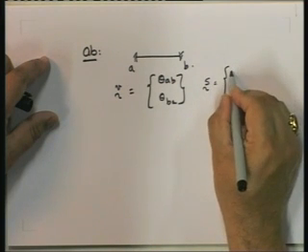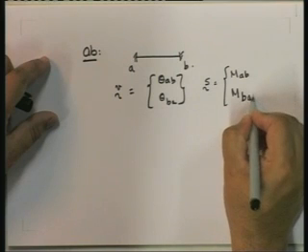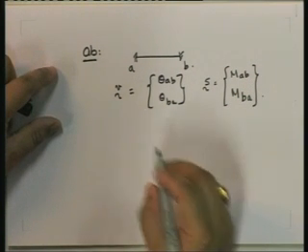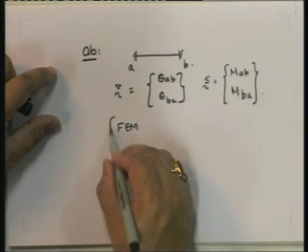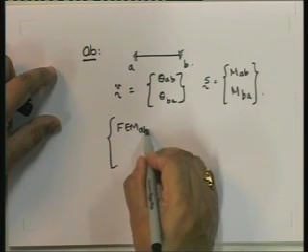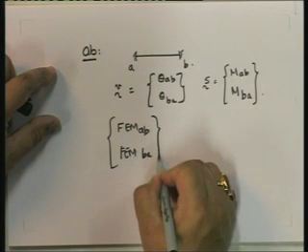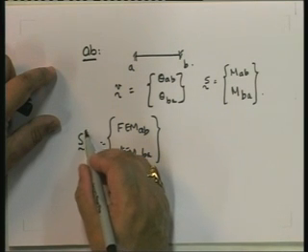S is MAB, MBA. Okay, fixed end moments AB, fixed end moment BA, which is equal to S0.